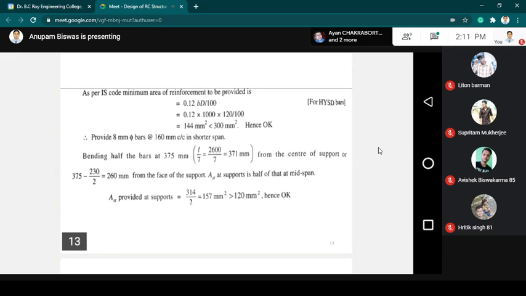Now we divide this half of the bar, means at 375 mm, means L by 7, suppose, by rounding it up.